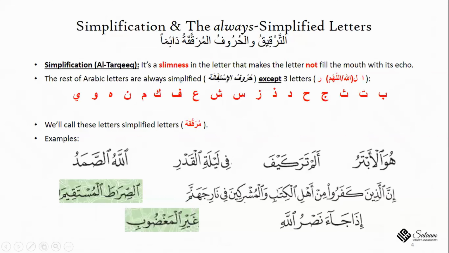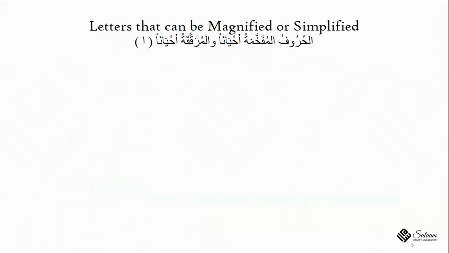For now, this is the difference. You can say the same letter both ways, simplified and magnified. Here with alif, I hope it's clear, brother. With alif we have two ways of saying it. One is magnified, one is simplified.